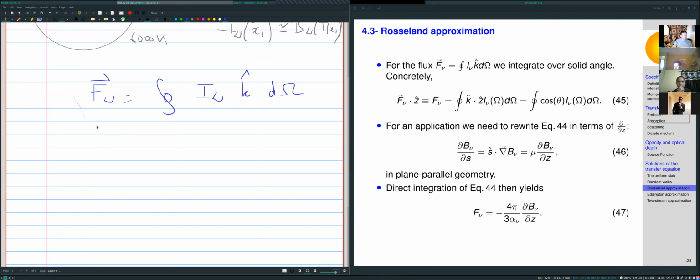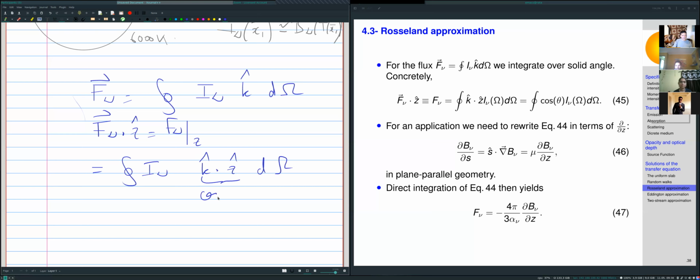For instance, F nu dot z, the vertical direction, is the integral of I nu k dot z times d omega.